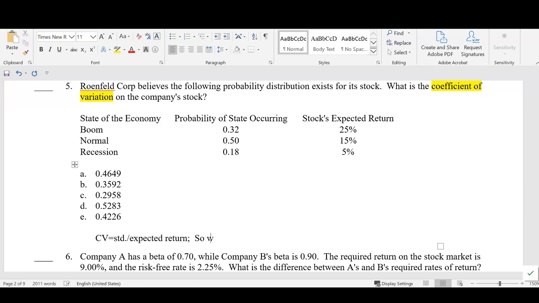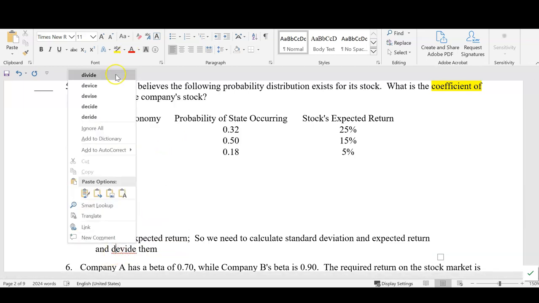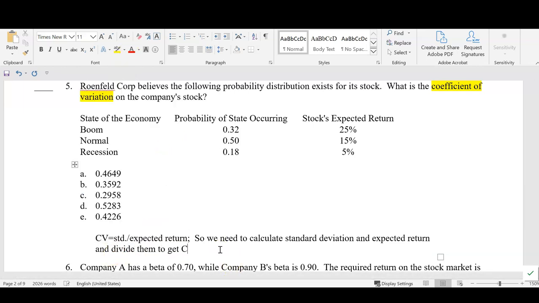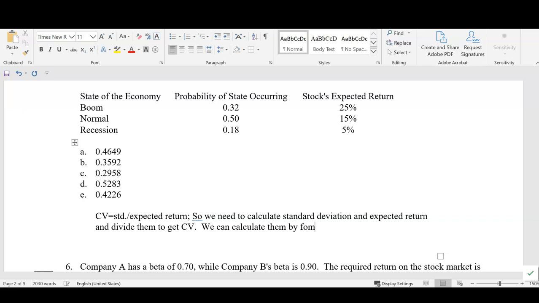So we need to calculate standard deviation and expected return and divide them to get CV. We can calculate them by formula.